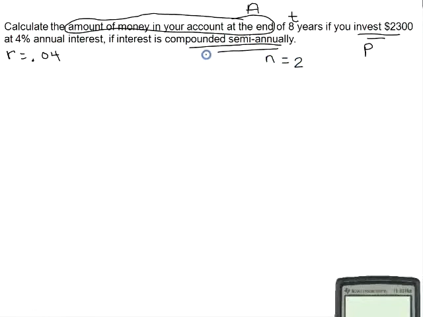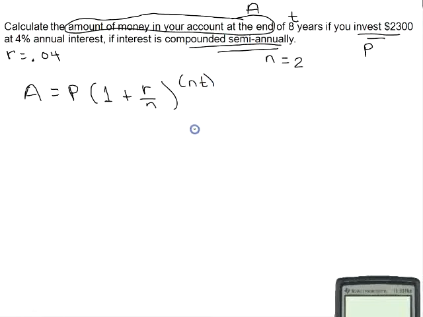Now we're investing money, leaving it there for 8 years, and we're earning compound interest, so we need to use the compound interest formula. A equals P times 1 plus R over N to the NT power.